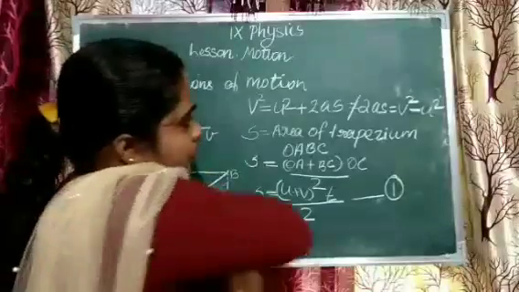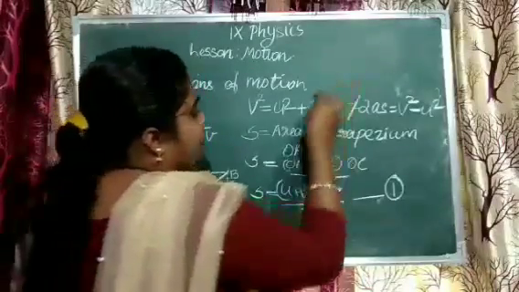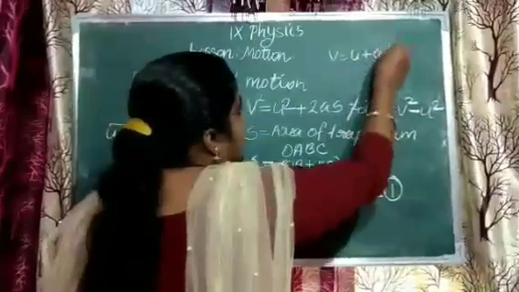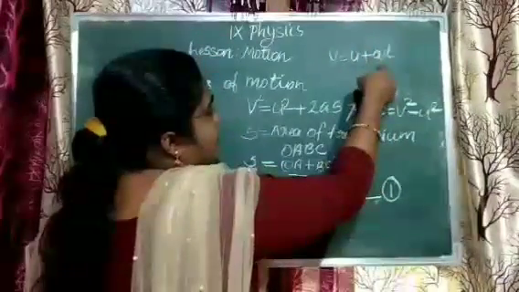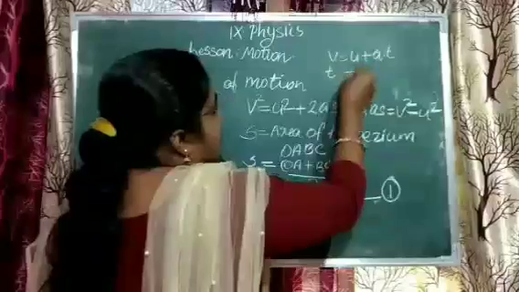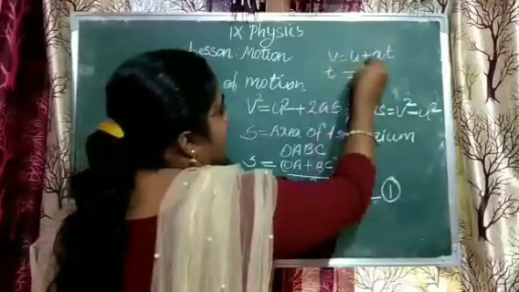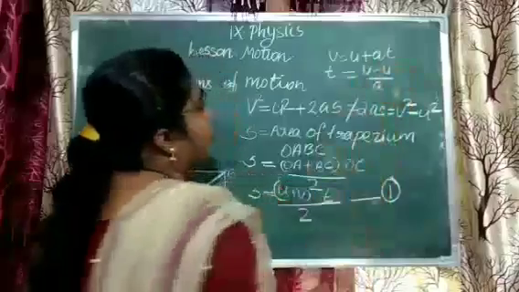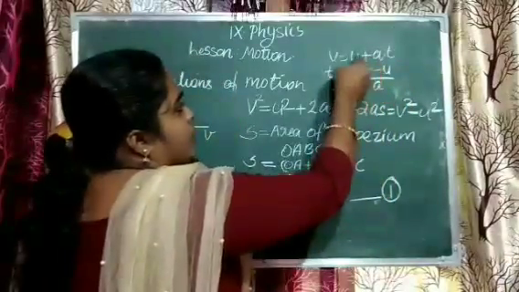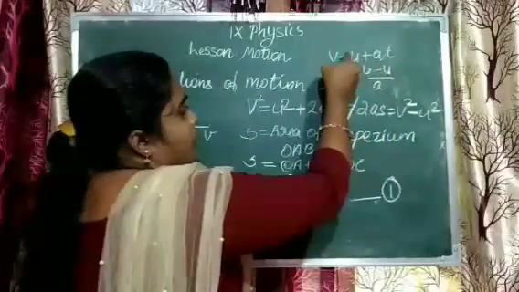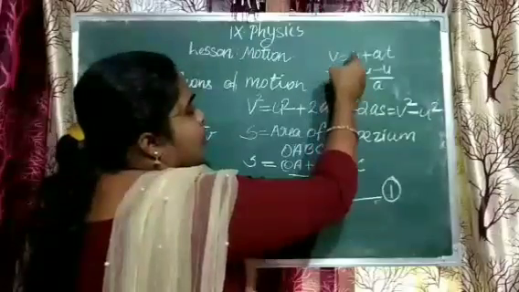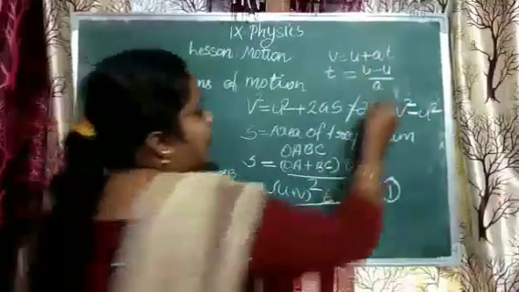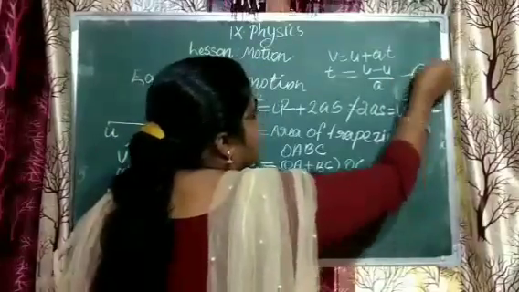From this relation we can write AT is equal to V minus U, and then T is equal to V minus U divided by A. So this is equation number 2.